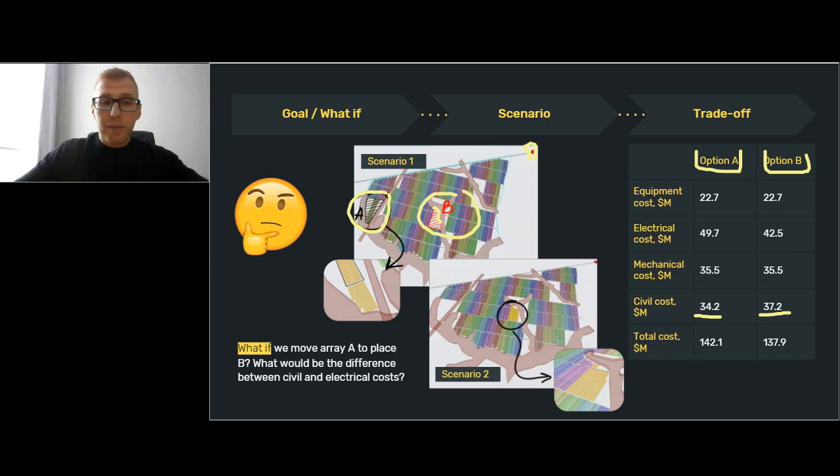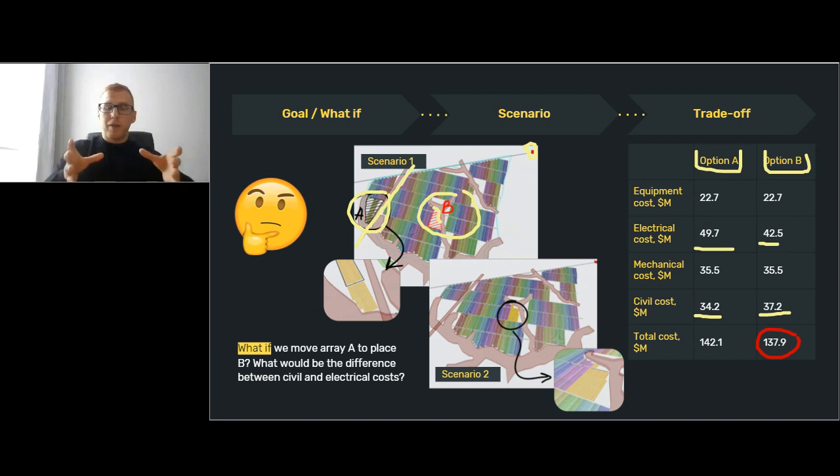But taking into account that our substation is somewhere in the top right corner, and also here is an overhead line, it looks like electrical cost is much cheaper for option B, which leads to the fact that in total, option B is more preferable.